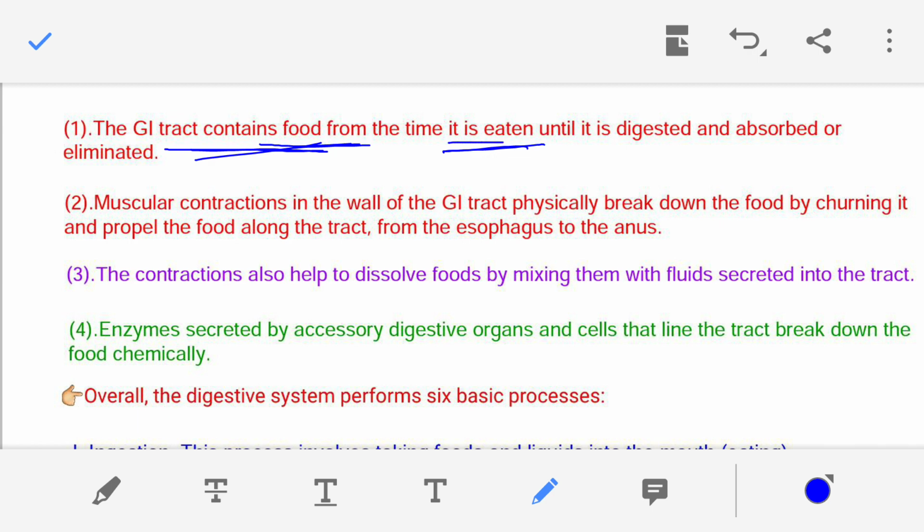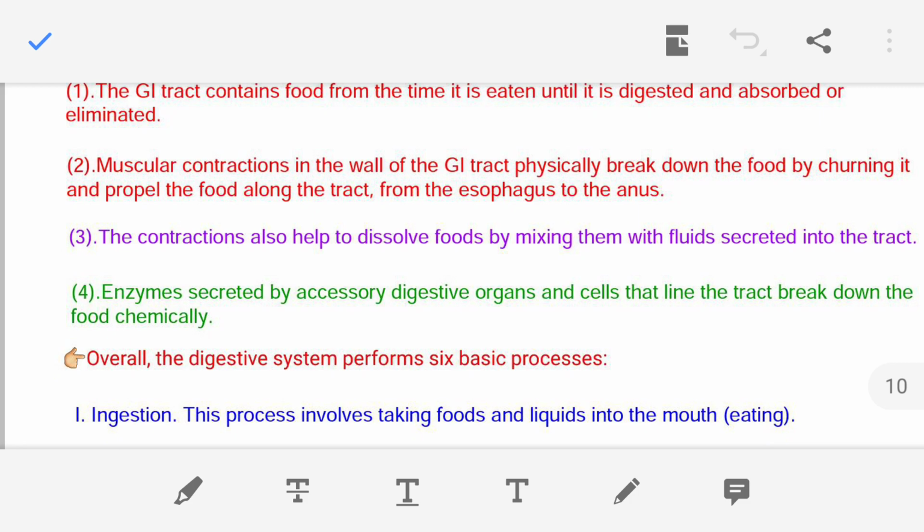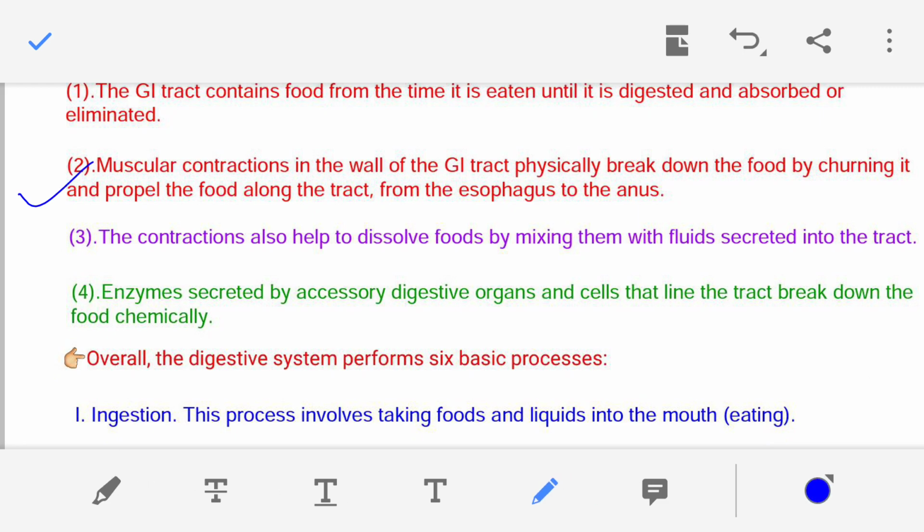So we can say that GI tract contains the food when we are eating. Then the food that we have eaten is digested, and then it is absorbed, and finally it will be eliminated from the GI tract to the outside.